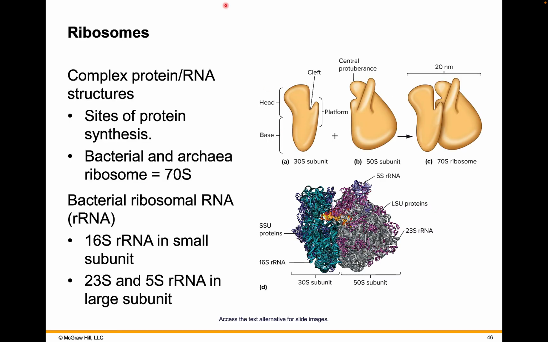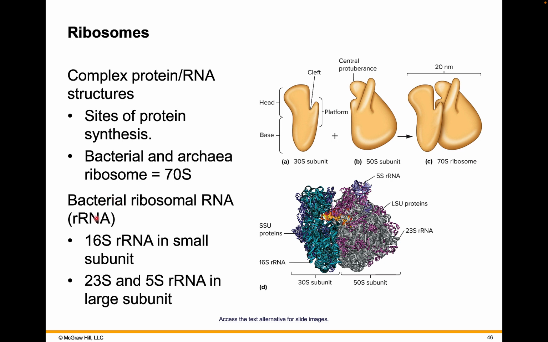Other than that, what you also have in the cytoplasm are the ribosomes, which are essentially the machinery to synthesize all the proteins that the bacteria will need. This is a complex protein and RNA structure. The bacterial and archaeal ribosomes are the 70S ribosome.